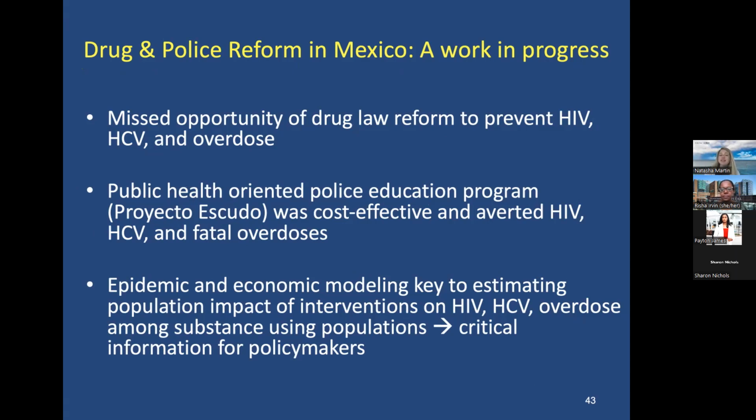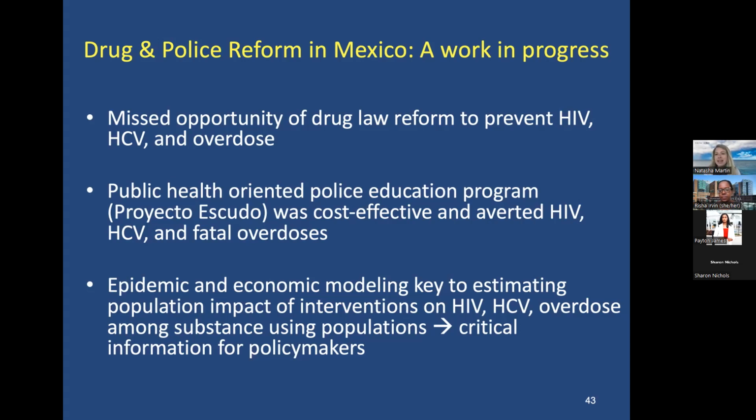But what we found is that properly implemented drug reform could reduce HIV and hepatitis C and fatal overdose. And we found that by using our modeling tool. And we found that a public health oriented police education program, which aligns policing with public health goals, was impactful and it was cost effective.